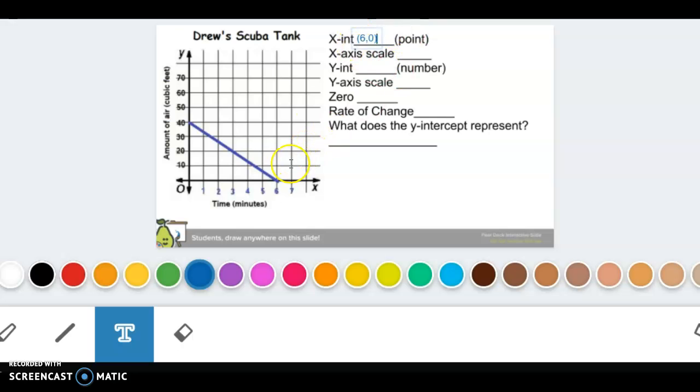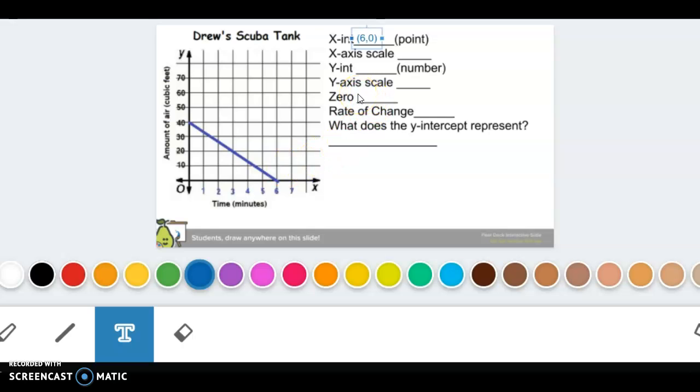Remember your x-intercept, whatever number it is on your x, that's what you would write as your x value in your point, because remember it's x, y. Your y-intercept this time is asking for just the number, so 40. Your scale on your y-axis is counting by tens. Your scale on your x-axis is counting by ones.